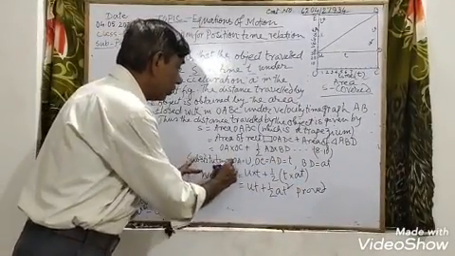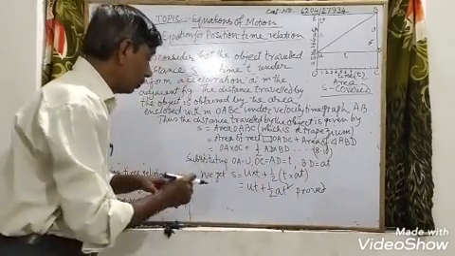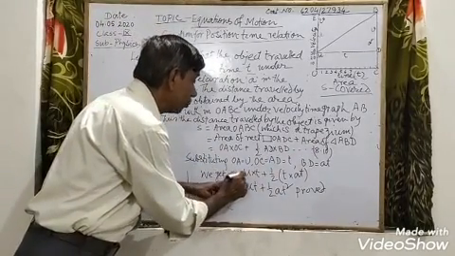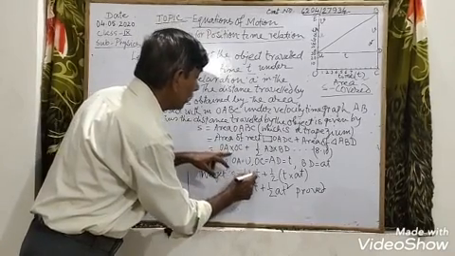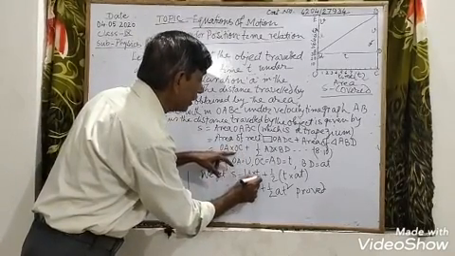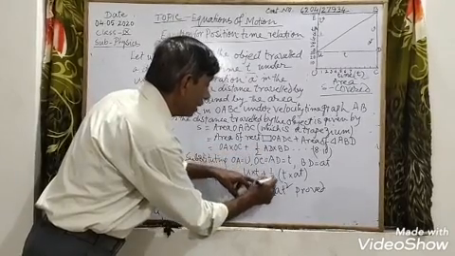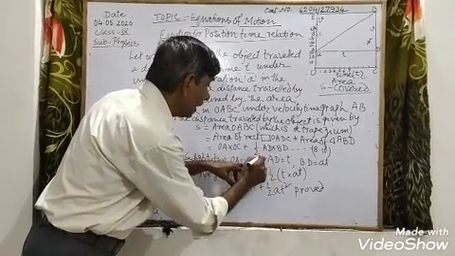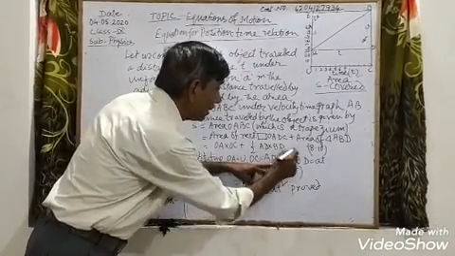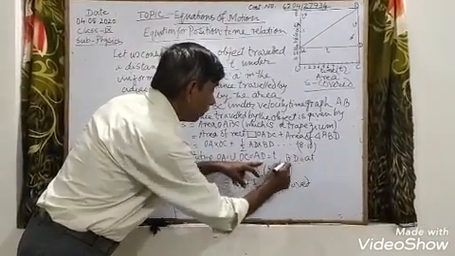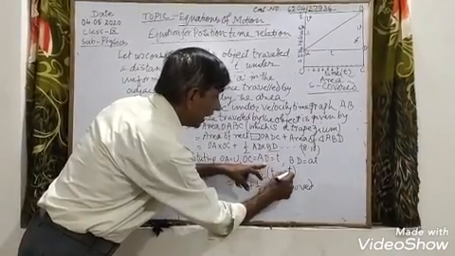So substituting these values, S is equal to OA, that is U, into OC, that is T, plus half into AD, which is T, and BD, which is AT. So in place of BD we have written AT.